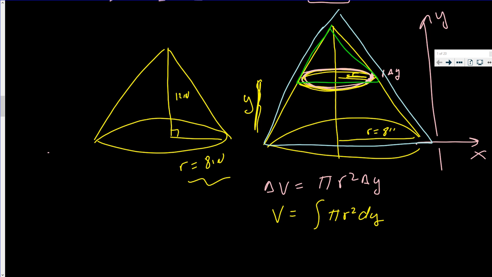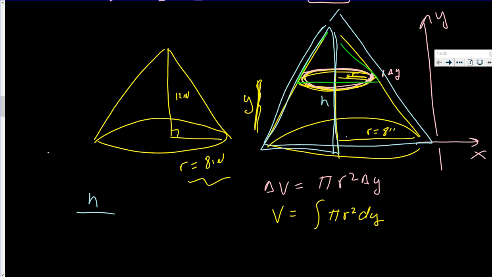Okay, so let me just think about it. I see it, just have to explain it. So let's look at the left triangle, the big one. This height is h.